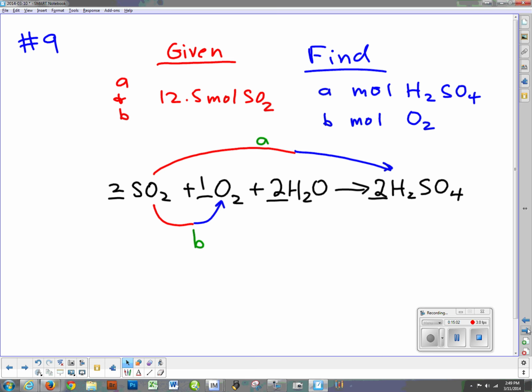You have your balanced equation, and I've also written in the arrows for the two mole ratios that you're going to need. You can see what you need for A right here. This A tells you that your ratio is from sulfuric acid to sulfur dioxide.